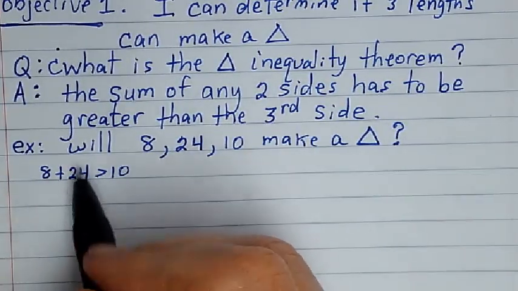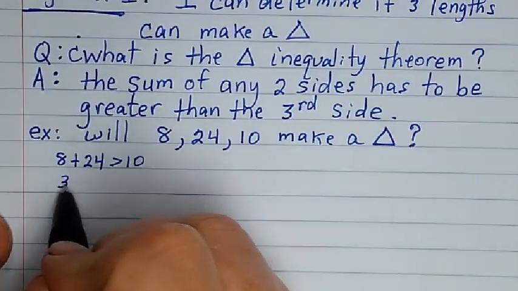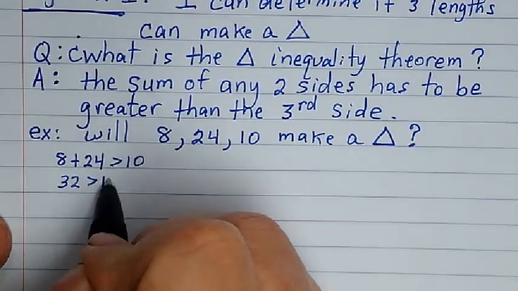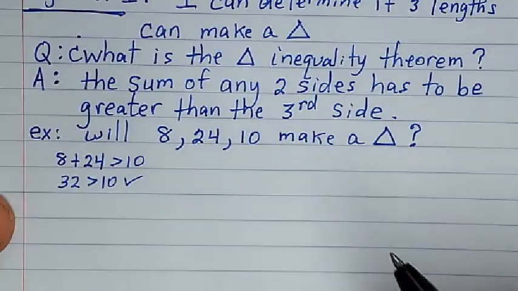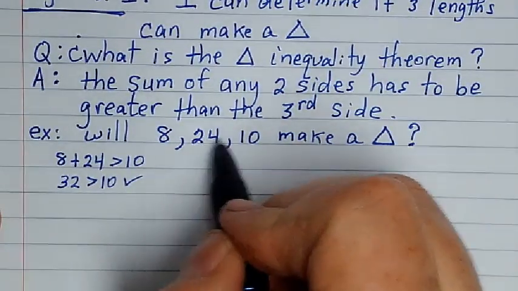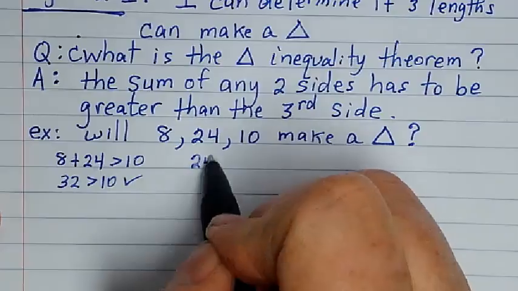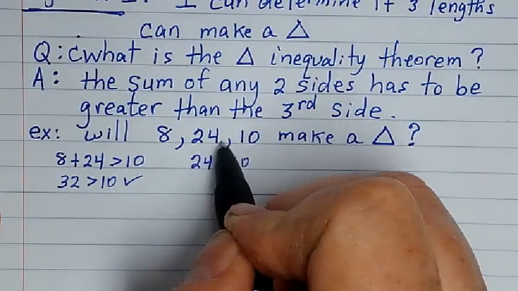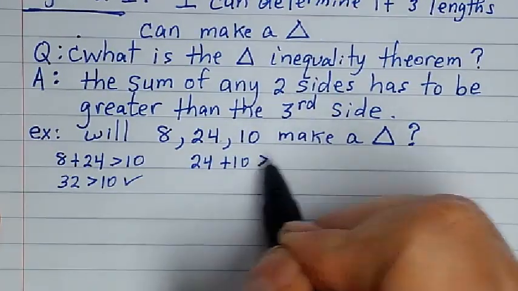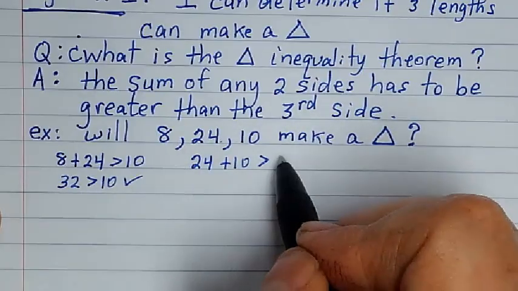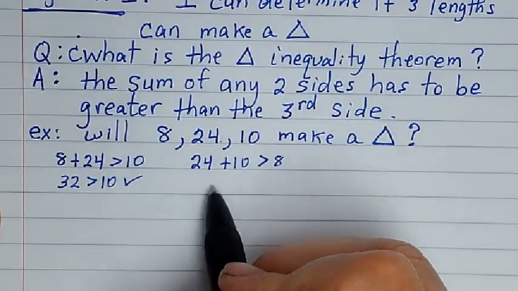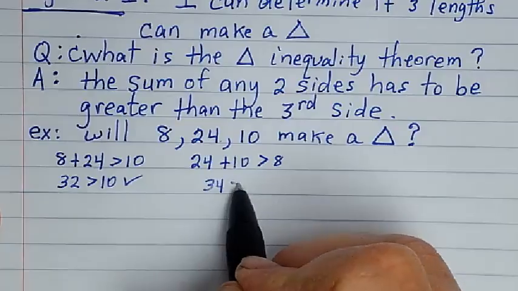Well, what's 8 plus 24? That's right, 32. Is 32 greater than 10? Yes. Check. Passes that one. Let's add these 2. 24 plus 10. The sum of those 2 sides has to be greater than which side? 8. Well, that's clearly greater because that's going to be 34. 34 is greater than 8.